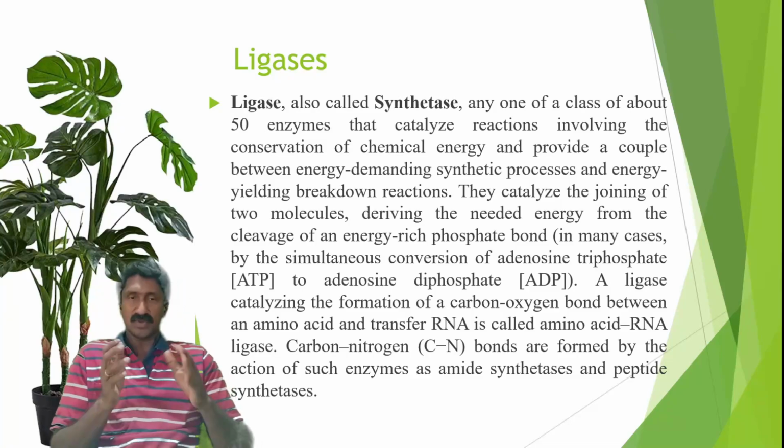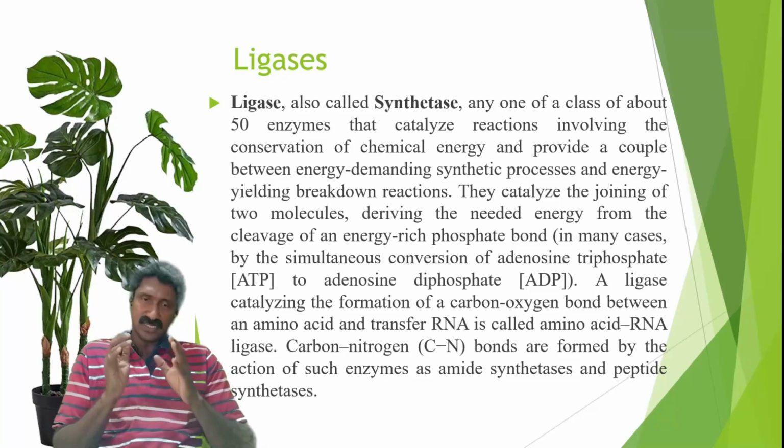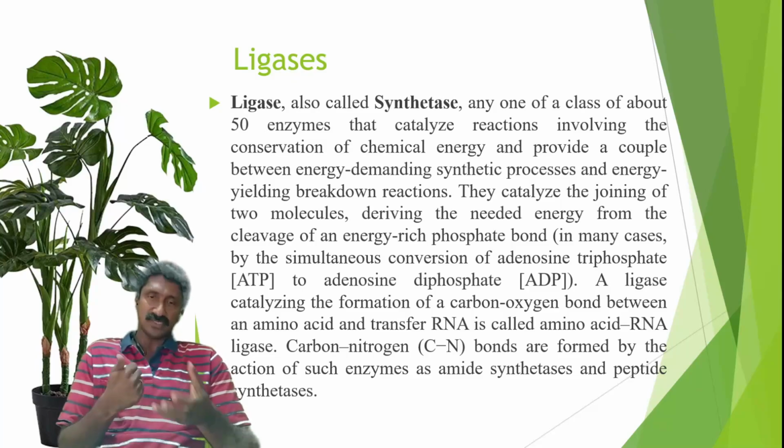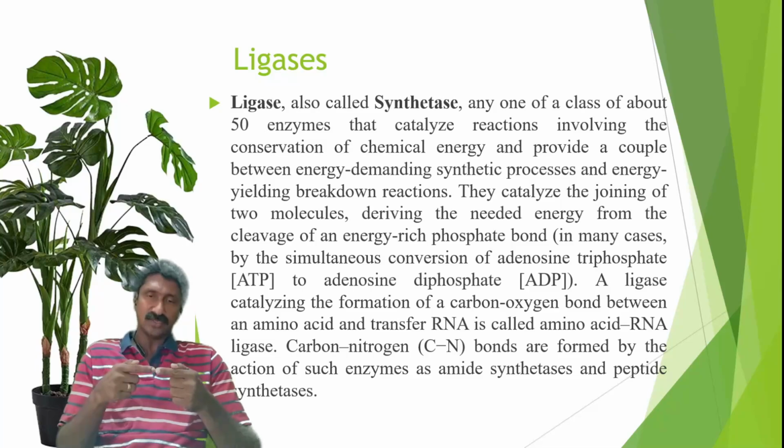So there is another case. Amino acid RNA ligase is not applicable in case of DNA ligation, whereas these ligases are a class of enzymes which derive energy from energy-rich molecules like ATP and create a bond for joining together two DNA strands.